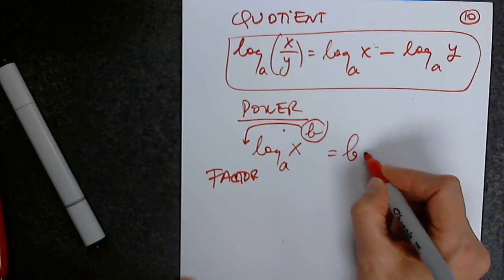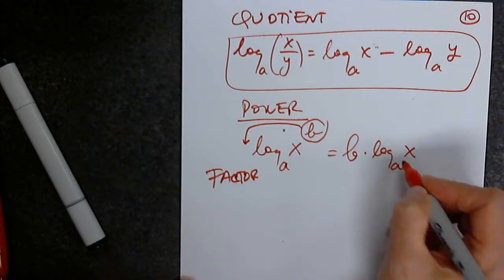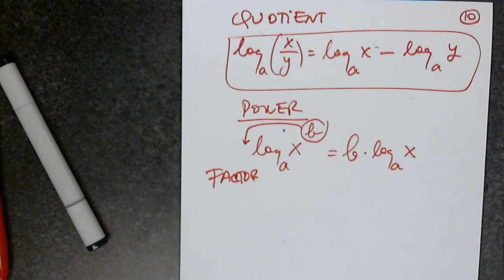So it's b times log base a of x. This property you will see in Calc 1 almost every other day. Very, very often.